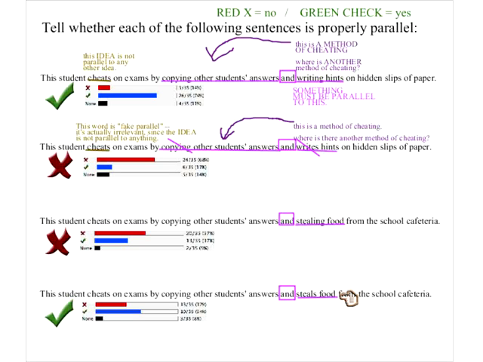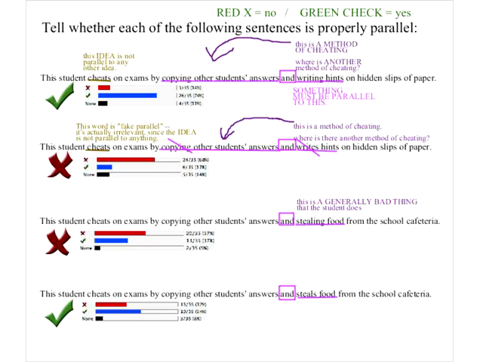Next one, stealing food is automatically the right-hand structure. So, what is that? This is like an overall bad activity. Generally bad thing that the student does.